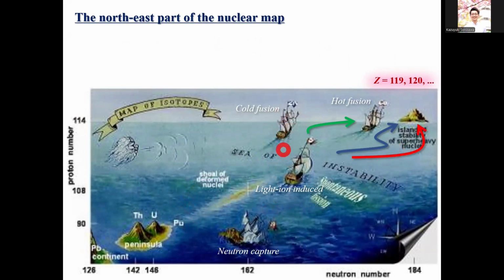This is just a cartoon showing the situation towards the island of stability. Cold fusion is a reaction like the one in which nihonium was produced. But now hot fusion reactions are the only way to produce elements up to 118, oganesson. So now, using TDHF or TDDFT, we would like to predict the best way to produce superheavy nuclei. Since TDDFT is a microscopic framework without empirical parameters, it has certain predictive power.